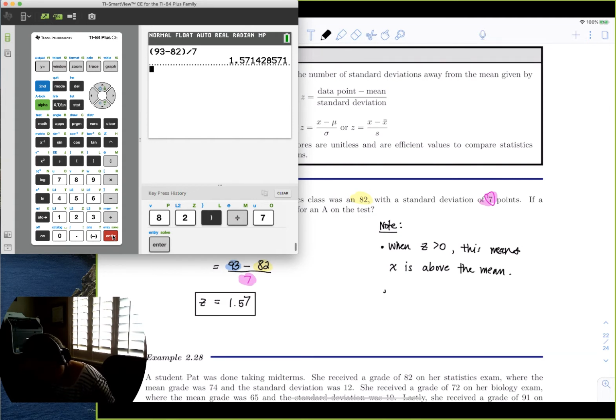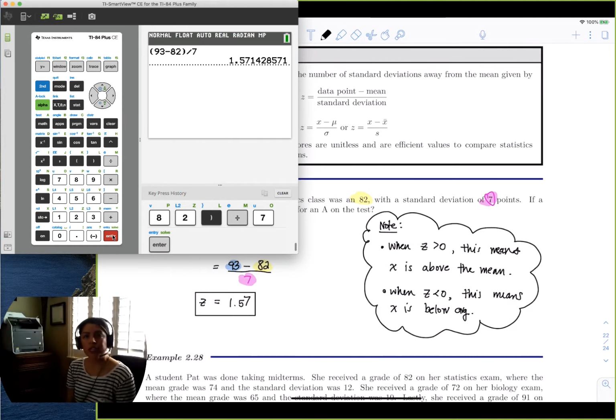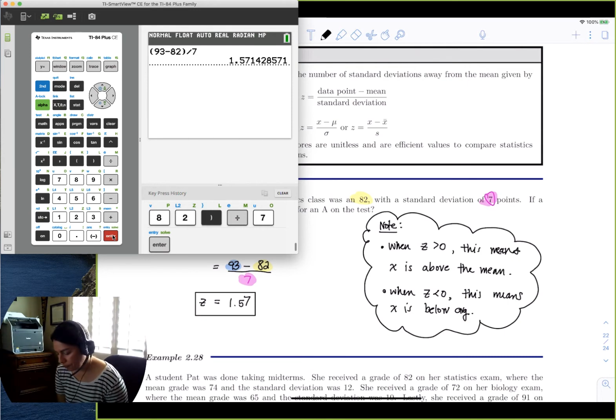Okay, so when z is negative, this means that x is below average. So a score of 93 means that it's above the average, it's positive. If a z-score is negative, that means that score is below average, and it should be negative.